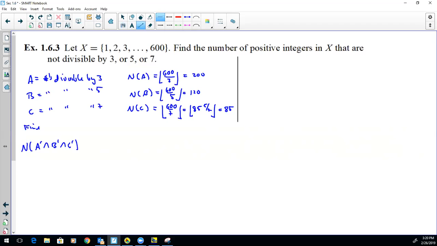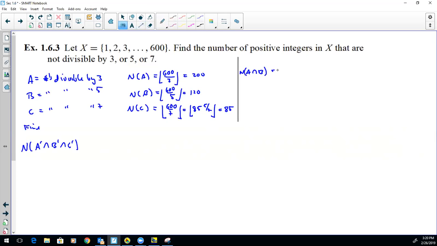All right, now let's continue with this. I want to know how many things in this set are divisible by 3 and 5.